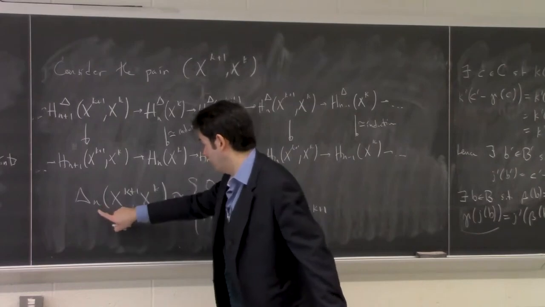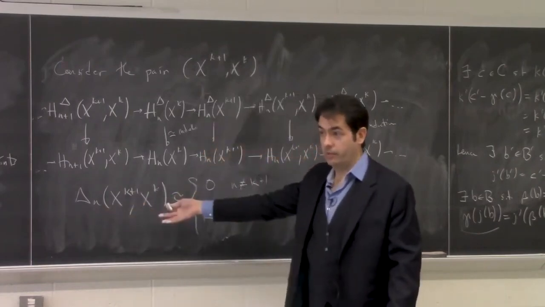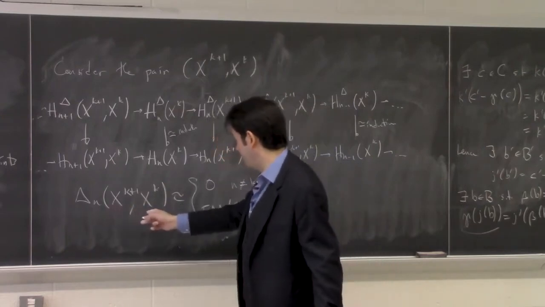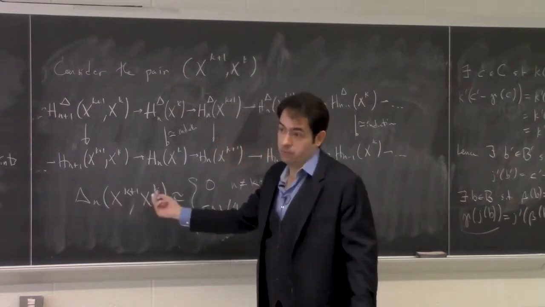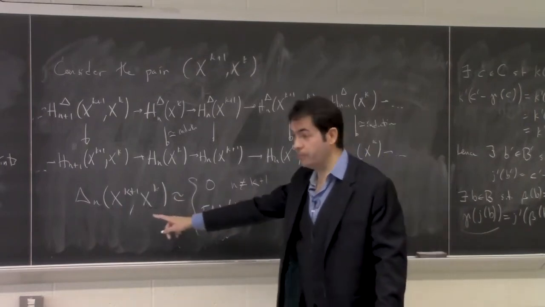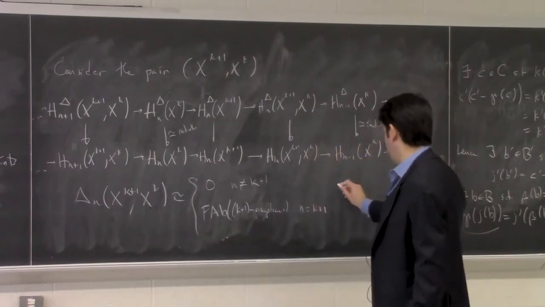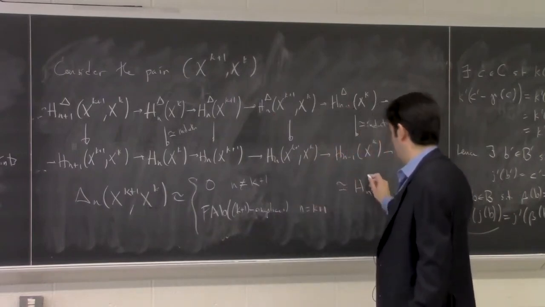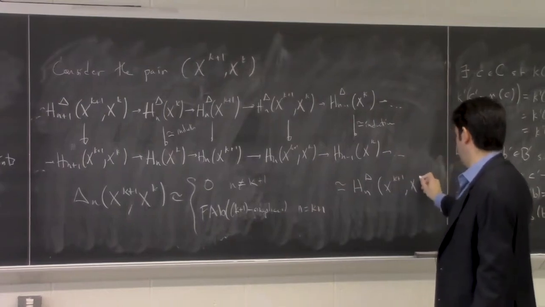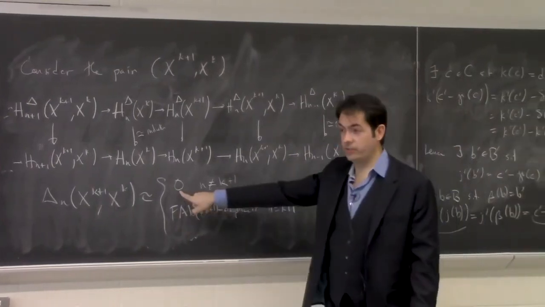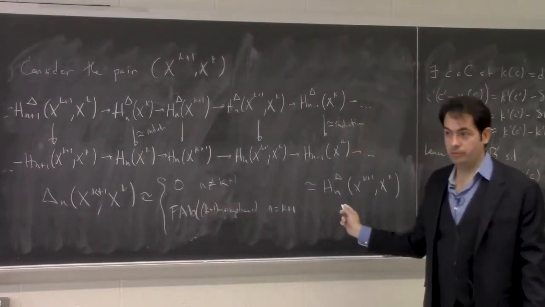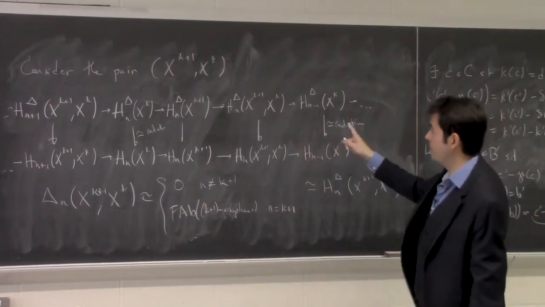Right, because we know what these are. It's just a free abelian group on the simplices in the delta complex structure. So if you're looking at up to k plus 1 and you kill everybody up to degree k, then you're just left with the ones at degree k plus 1. So if that's what the complex looks like, then the same is true for the simplicial homology. It's also going to vanish if n is different from k plus 1, and here it's just going to be the same free abelian group. All right, so the ones on top are easy to compute.